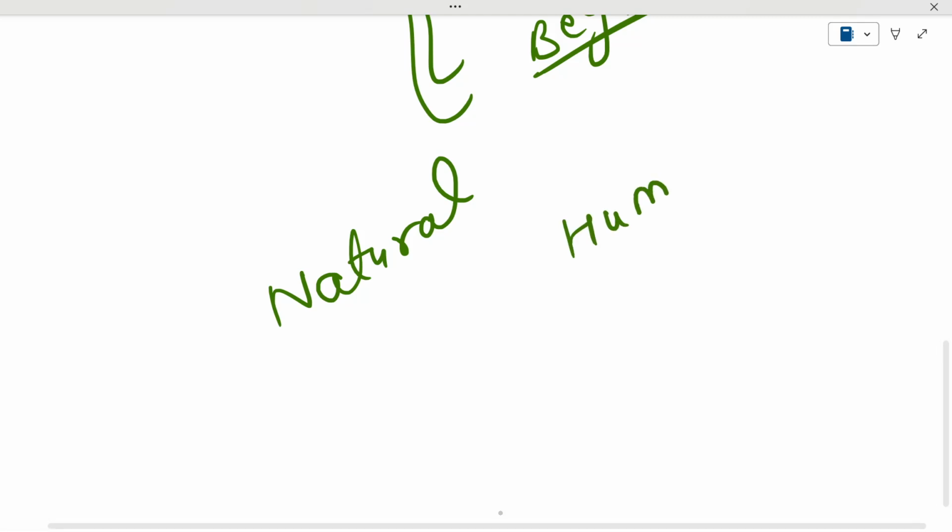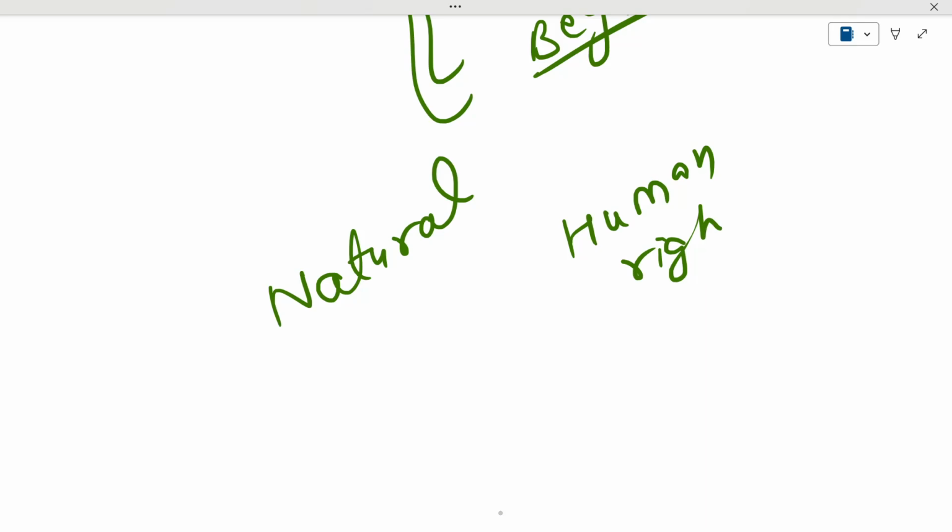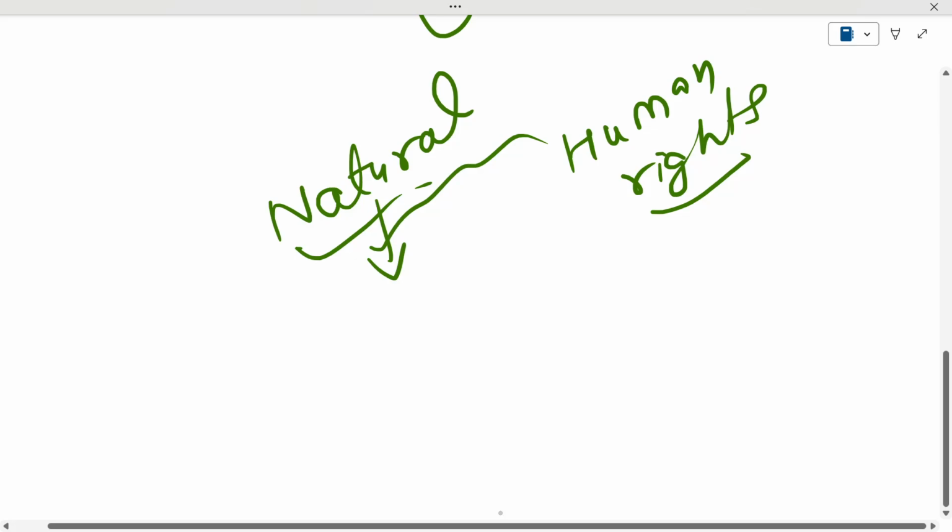Natural and human rights. The ancient philosophers, especially of the Roman and Greek Empire, talked about natural rights. Natural rights are those rights that are given by nature.